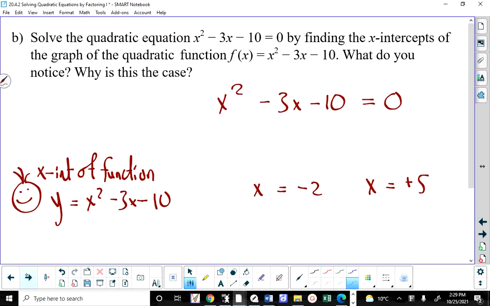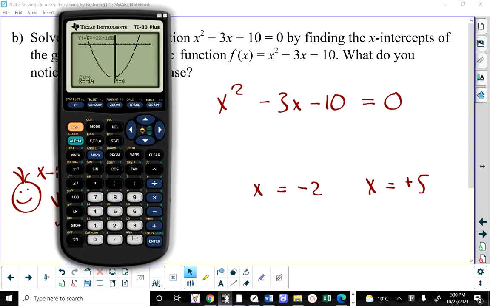I'll just give you a minute to finish doing your analysis on your calculator. Just to show this to you, you would graph y equals x squared minus 3x minus 10.